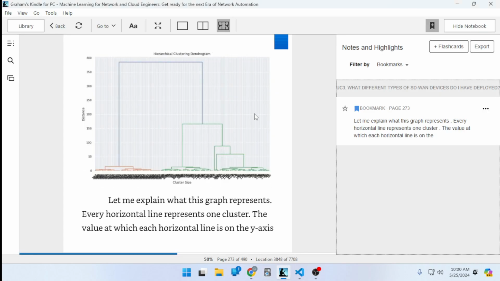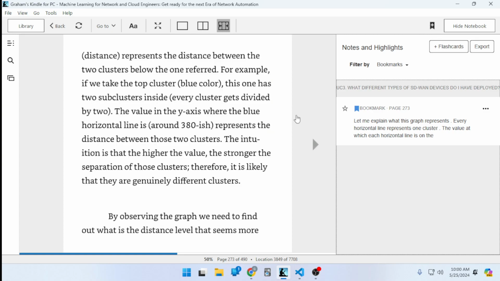Let me explain what this graph represents. Every horizontal line represents one cluster. The value at which each horizontal line is on the y-axis, distance, represents the distance between the 2 clusters below the one referred. For example, if we take the top cluster, blue color, this one has 2 subclusters inside.